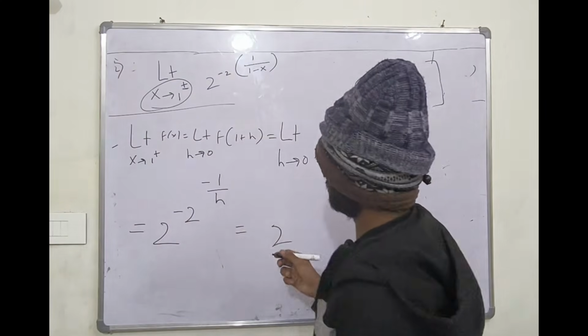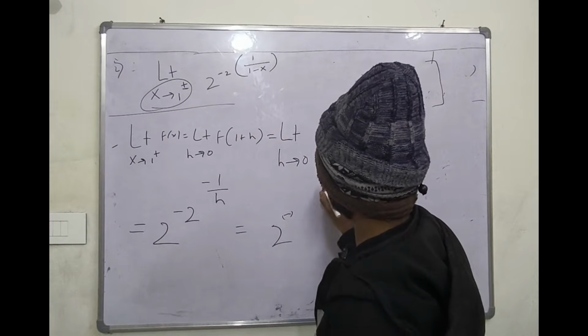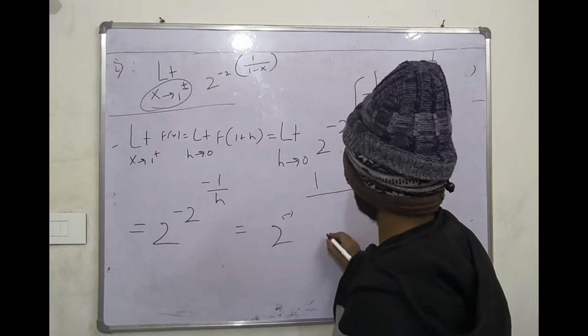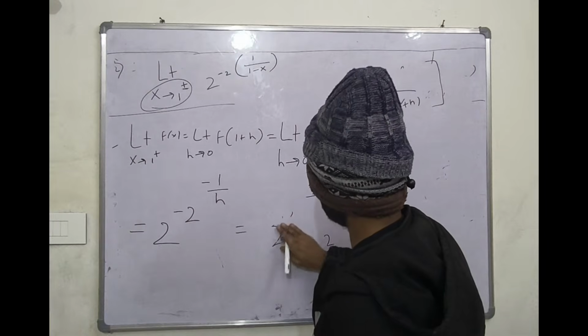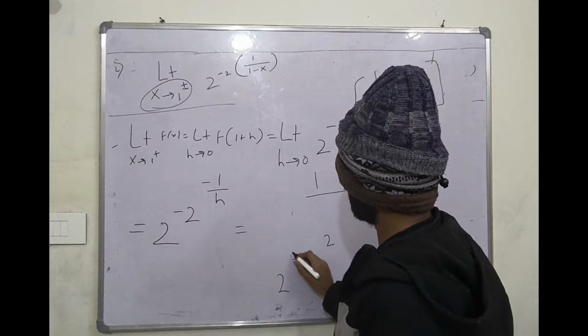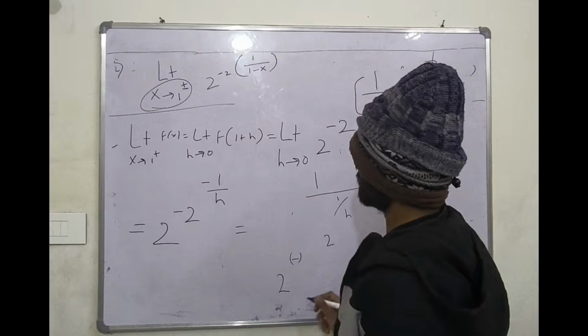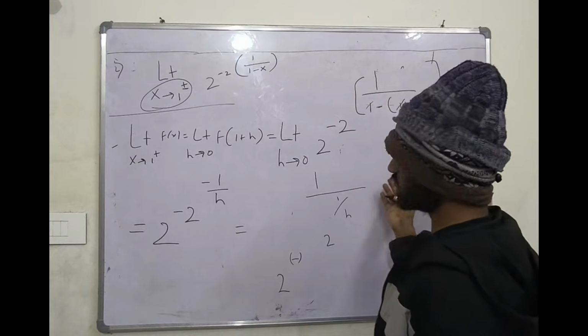Okay, this is equals to 2 power minus, this we can write as 1 by 2 power, minus 1 by 2 power 1 by h. Okay, a power minus m equals to 1 by a power m.